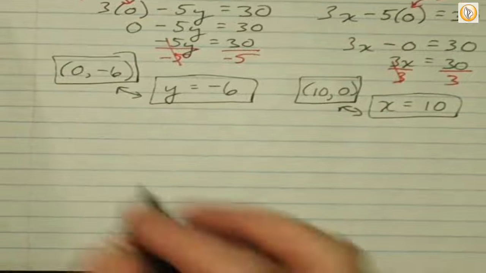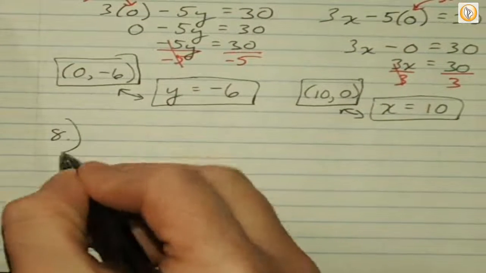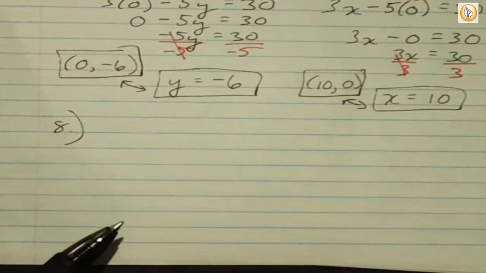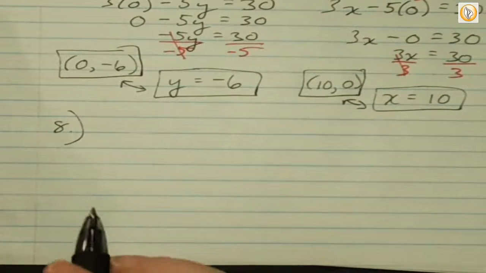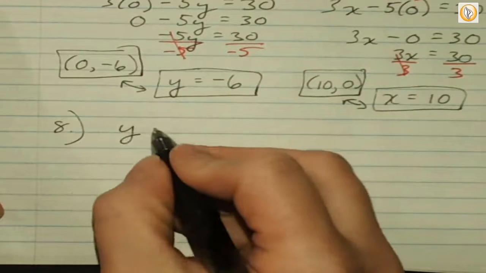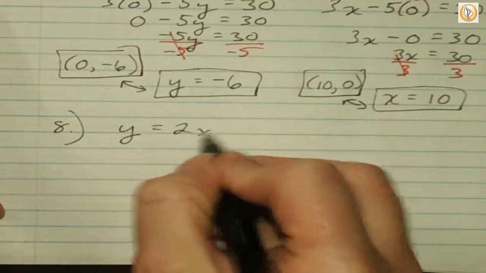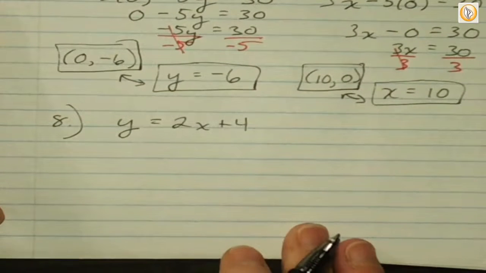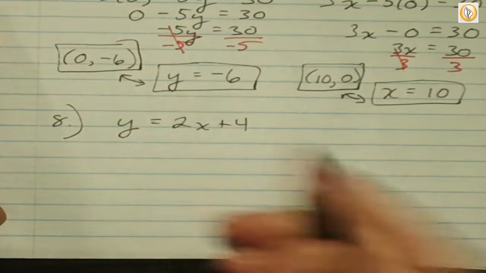Okay, let's move right along so you have time. 8. It says, find the slope and y-intercept of the following lines. So, Joseph, 8 is y equals 2x plus 4. So, there's the equation.